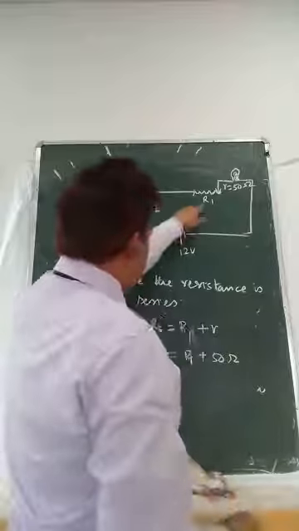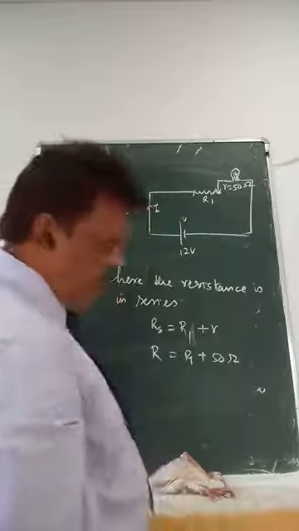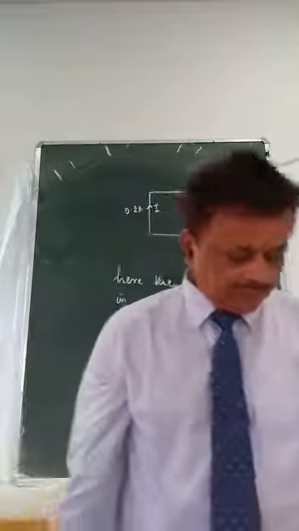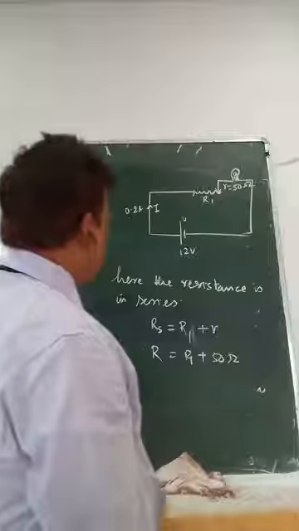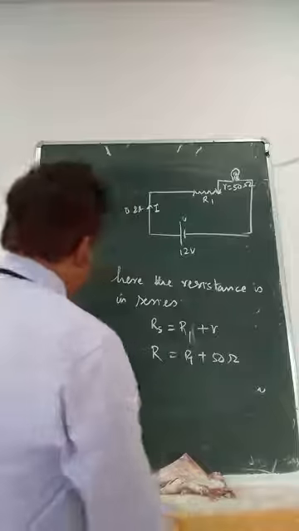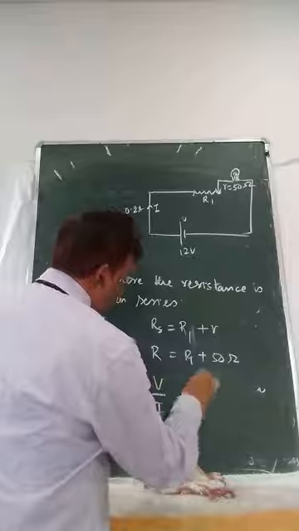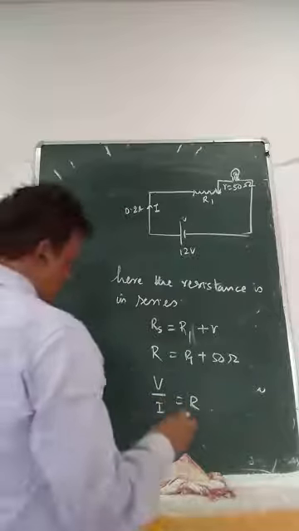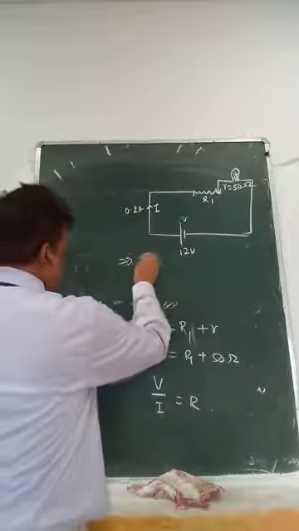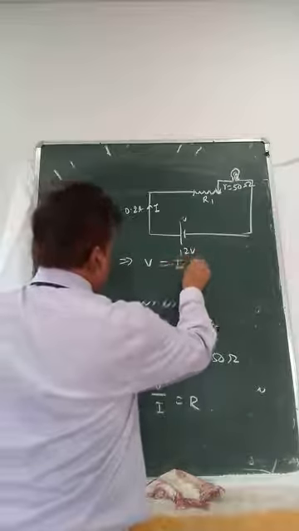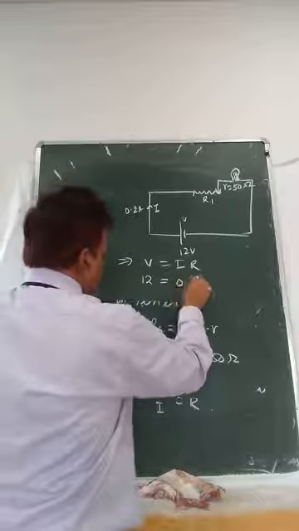You are asked to find the value of this. What is the flow of current here? Flow of current is 0.2. So V by I equals R, which implies V equals IR. What is V? 12 volt, I is 0.2.